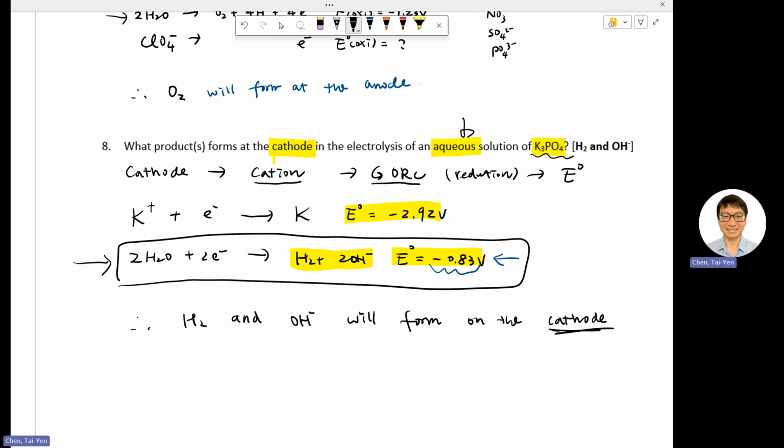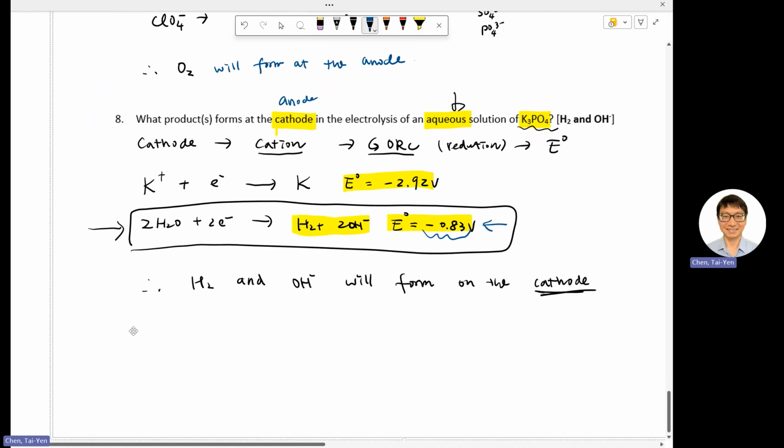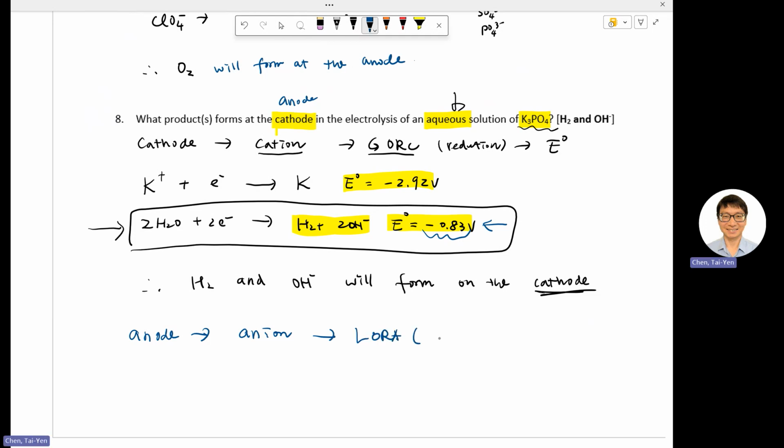But you can ask the same question: what product forms at the anode if you electrolyze the same salt? If today you do the anode, the things that matter are the anions, and the reaction that matters is your LoRa, so you want to check the oxidation potential, E naught oxidation.